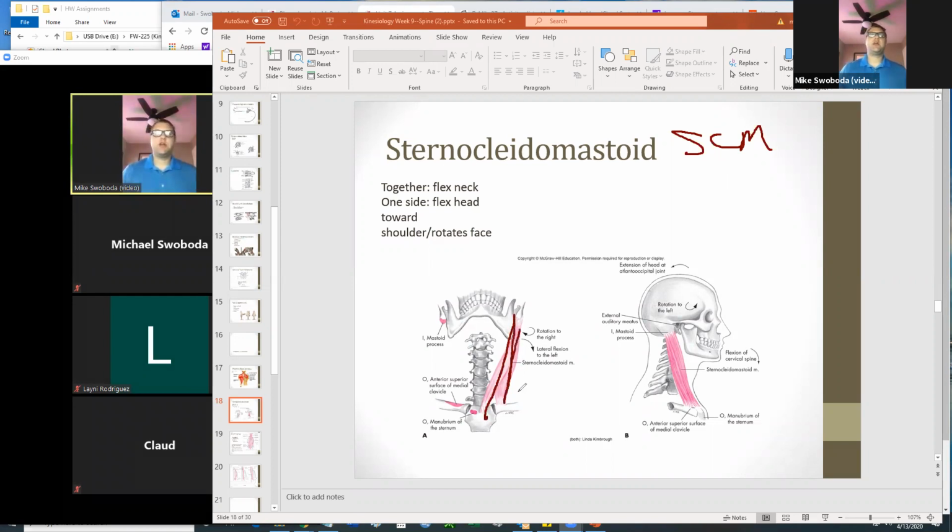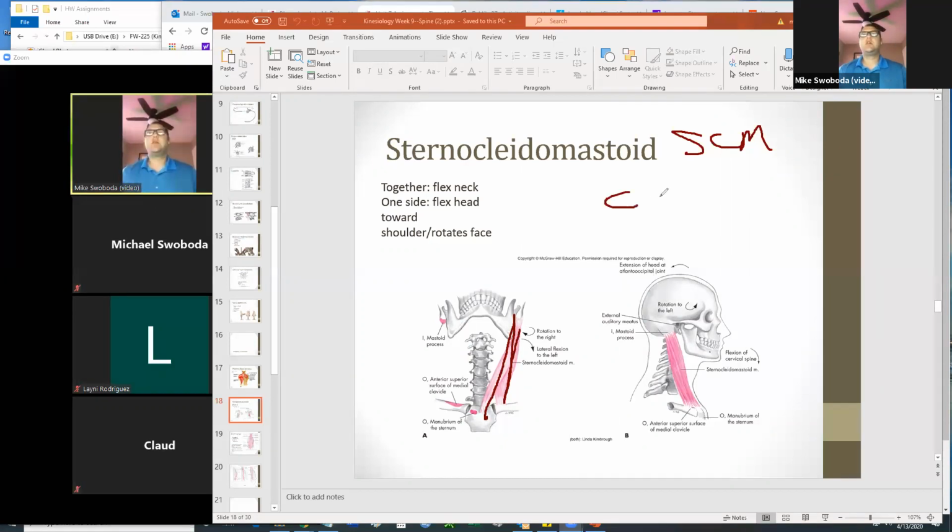If you were to flex your neck and look at the side, you could see how there's this bulging out right there. And then again, kind of on the side here, you can see where that neck flexes. And that is my sternocleidomastoid. This does all of your movements for your neck.